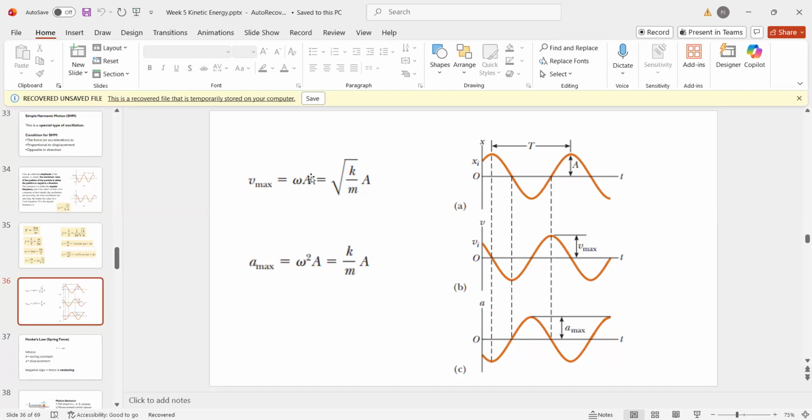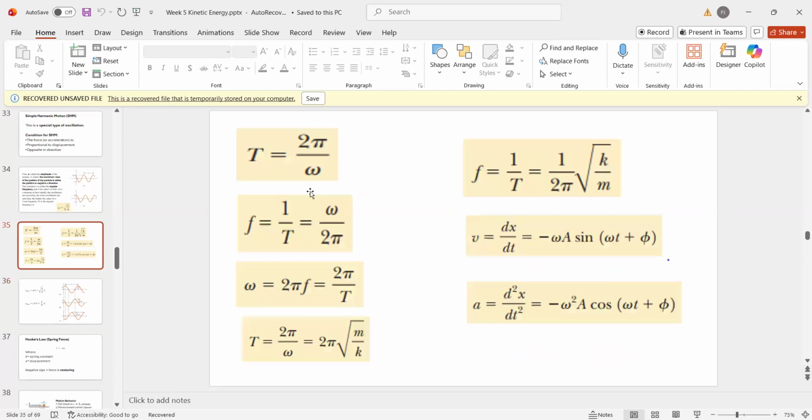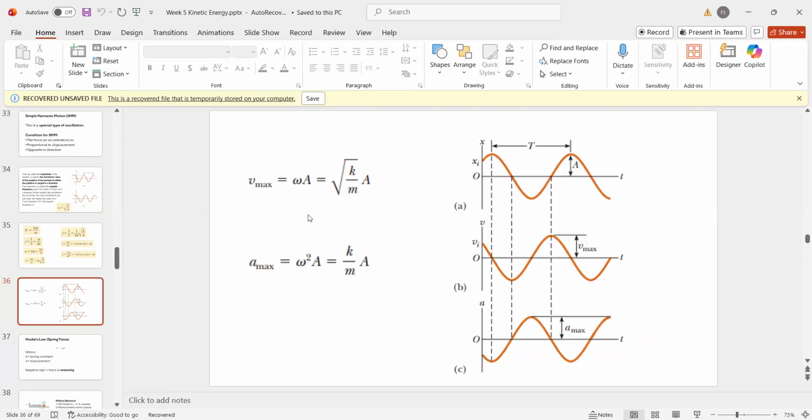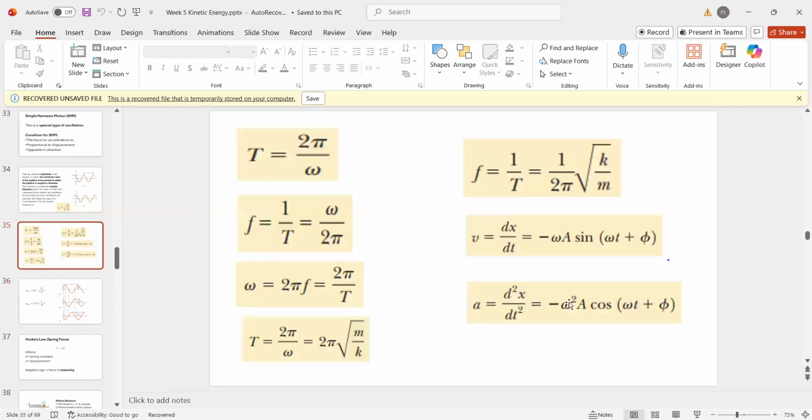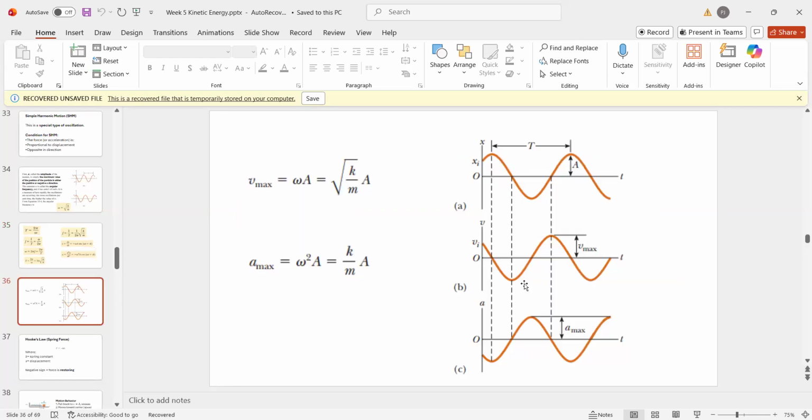So you have your A here. You see that here the omega is squared, but when you take the square root, the omega becomes 1. So you have the omega and the amplitude.